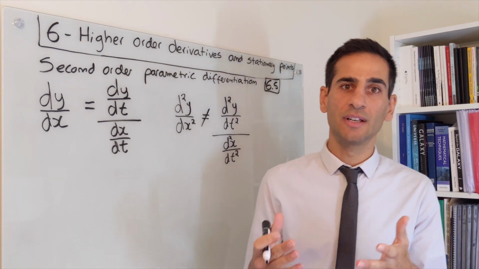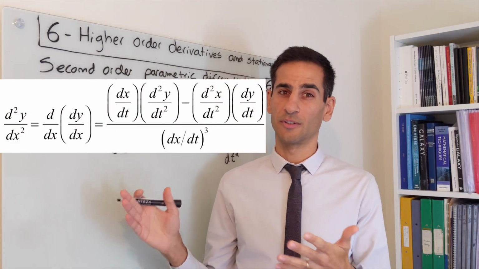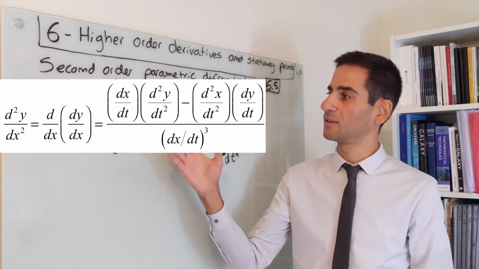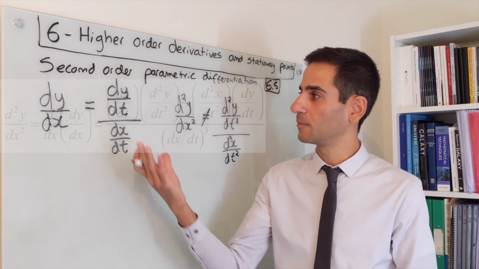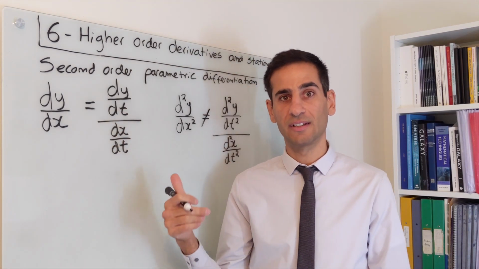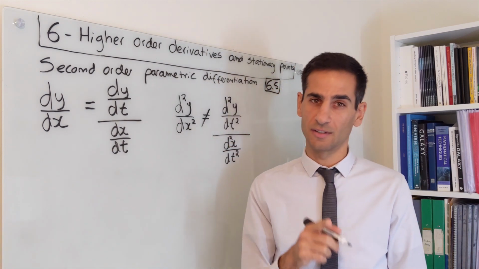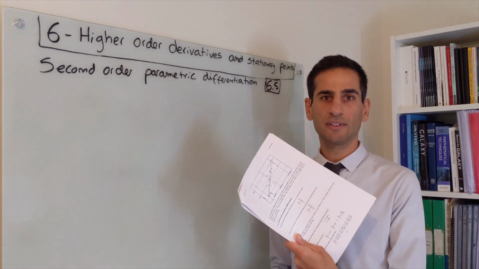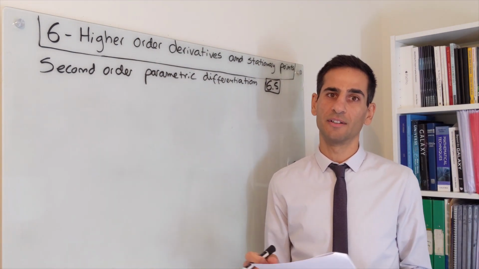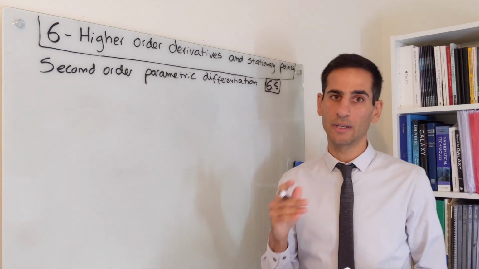And we will see a general expression that you could use if you want to obtain the second order derivative of a parametric function. But as we'll see, as long as you can do parametric differentiation and you obtain the first one, you can always differentiate it again, which is exactly what we're going to do following the lecture notes in section 6.5. Let's try to second order differentiate the following parametric function.